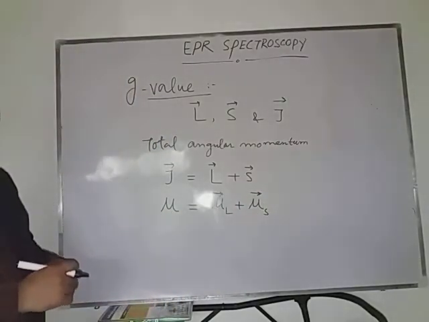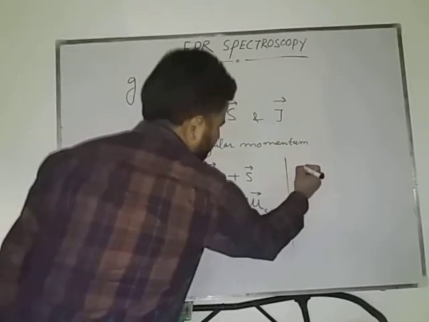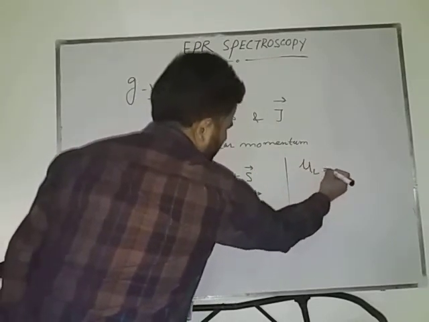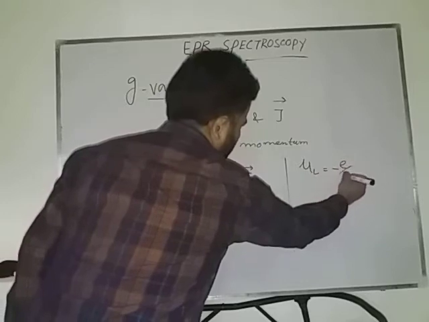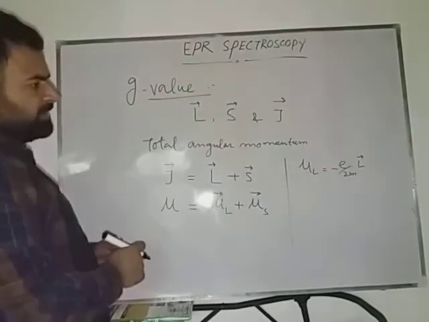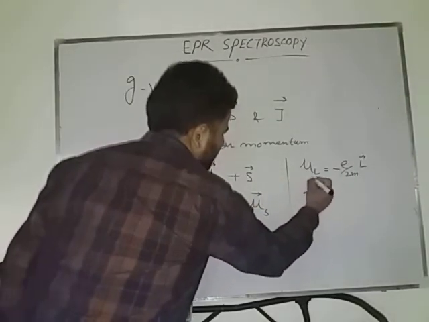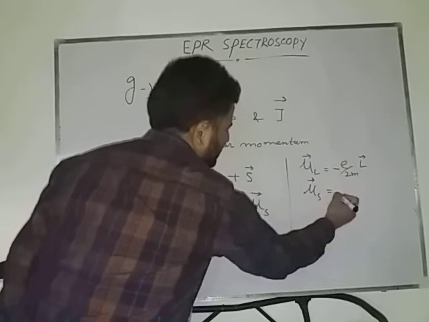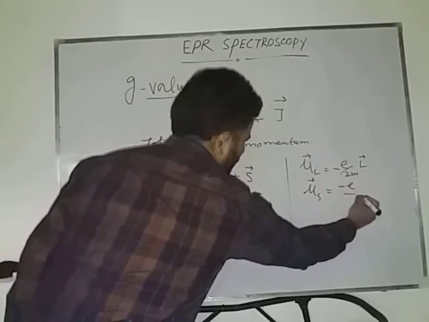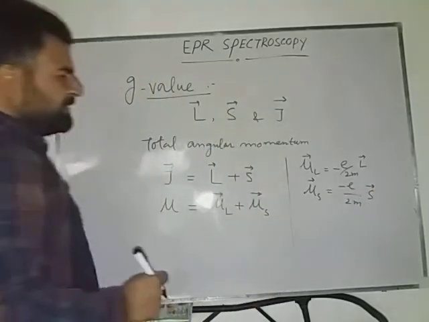Okay, as I have already told you, mu L is equal to minus E by 2m of L, and mu S is equal to minus E by 2m of S, the spin angular momentum.